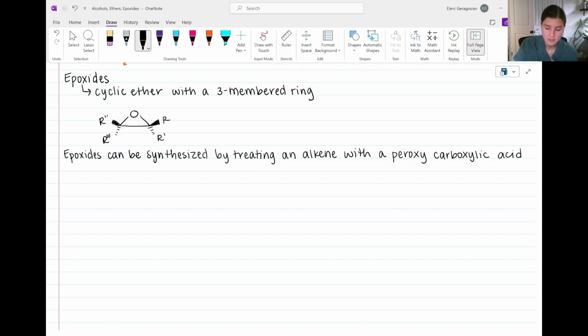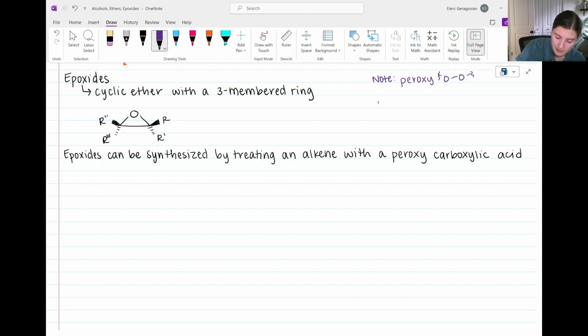So we've seen the functional group carboxylic acid. Let's write a little note over here. A peroxy is when we have two oxygens bonded to each other. Now they can be bonded to other things. Two oxygens bonded to each other, we call that a peroxy group.